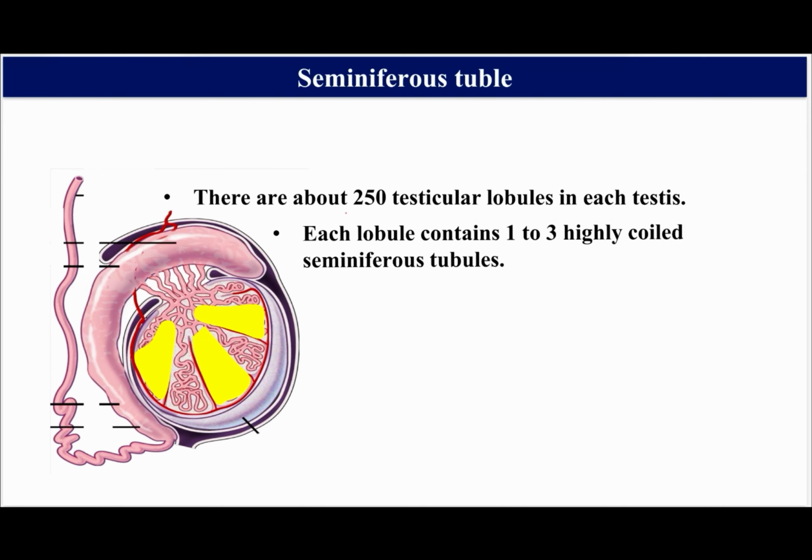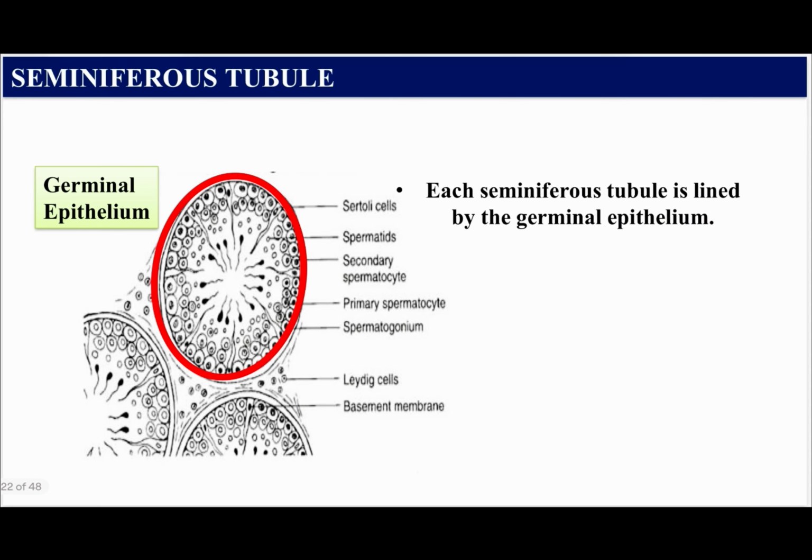There are nearly 250 testicular lobules in each testis, and each lobule contains 1 to 3 highly coiled seminiferous tubules. And this seminiferous tubule is lined by germinal epithelium. This red color is our germinal epithelium.